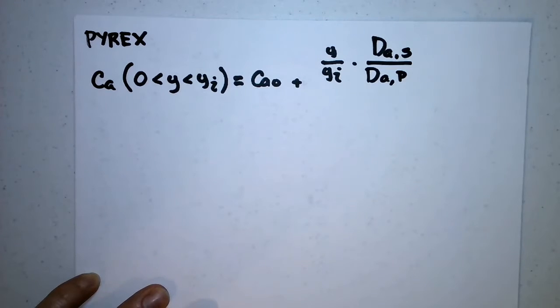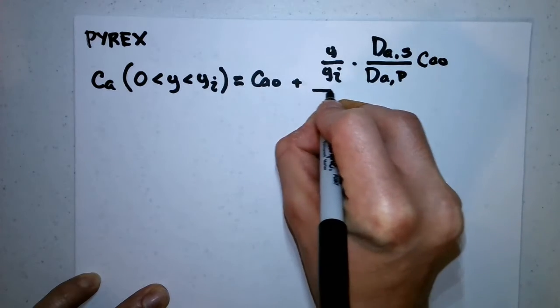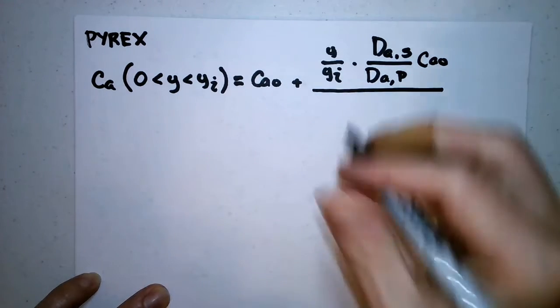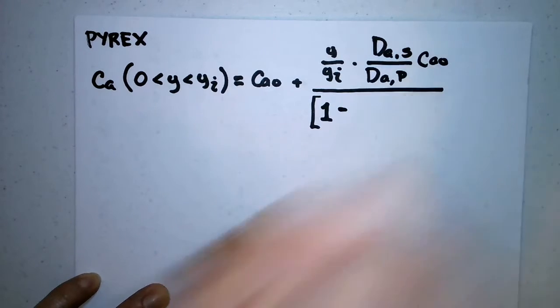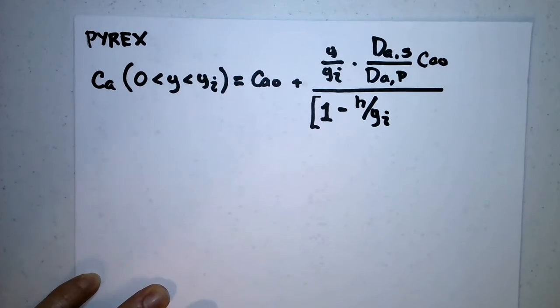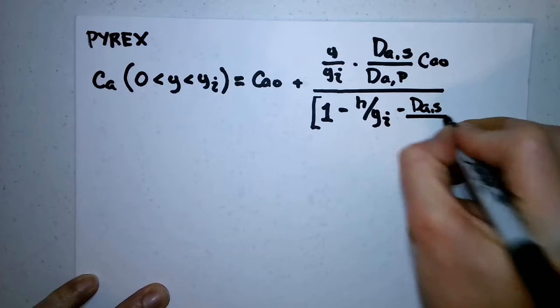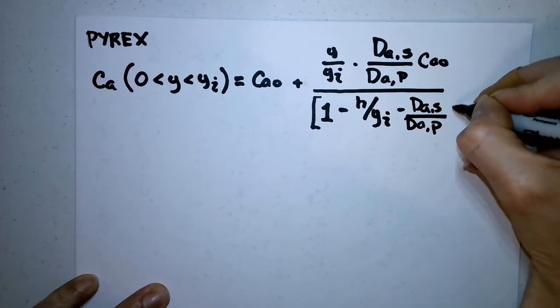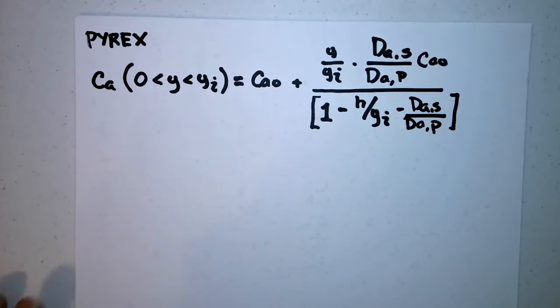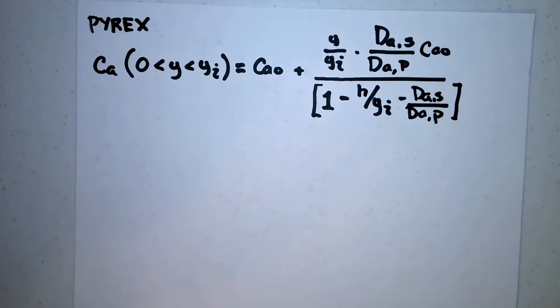So we have the ratio of the diffusion coefficients times the original concentration. This is over the quantity 1 minus H over the interface thickness, Yi, minus that ratio of diffusion coefficients. As you turn the paper sideways, it's kind of a big function, the way we've written it. You might be able to play around with the algebra and make that a little smaller.